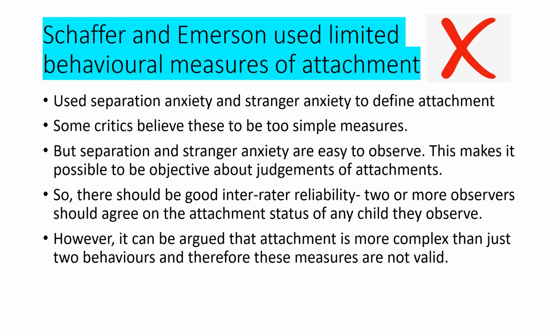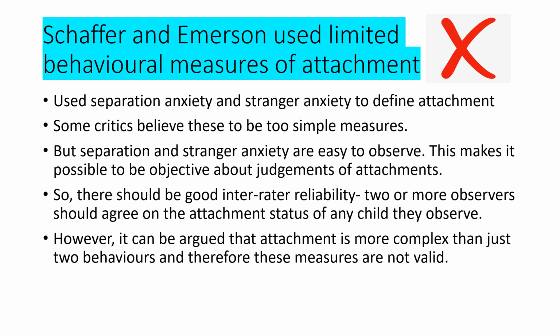A final limitation is that Schaffer and Emerson used limited behavioural measures of attachment. They were using separation anxiety and stranger anxiety to define attachment, and some critics believe that these two measures are too simple. But separation and stranger anxiety are easy to observe, so it makes it possible to be objective in our judgments of attachment.